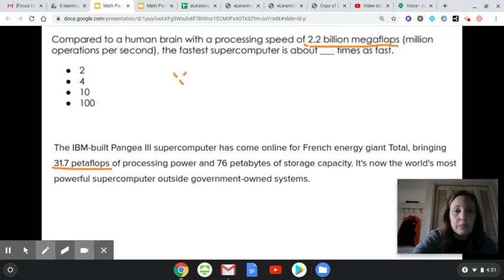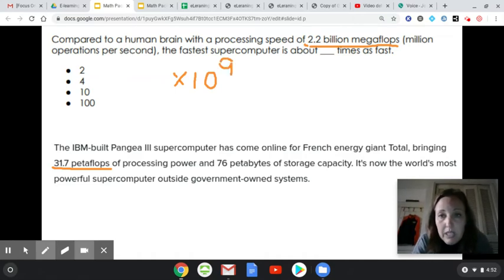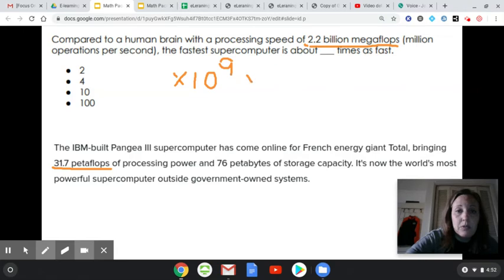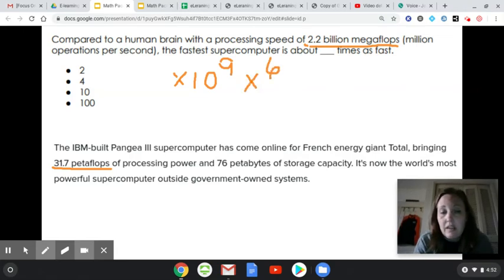Billion means we're multiplying something times 10 to the 9th power, because 1 billion has 9 zeros. But the mega part of the flop is multiplying times 10 to the 6th.